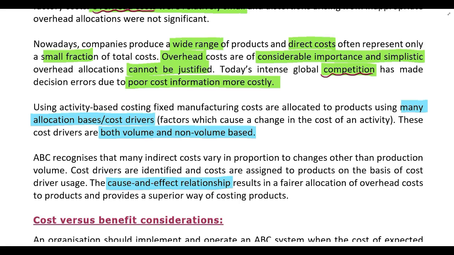Instead of a single rate, we calculate many rates. We look for a cause and effect relationship, and we use both volume and non-volume based cost drivers. And this results in a much more superior way of costing our products. So we saw in the very basic example that we looked at, it was a lot more accurate to split the setup cost based on the number of setups instead of using machine hours.